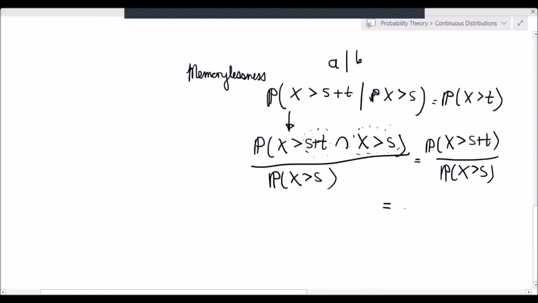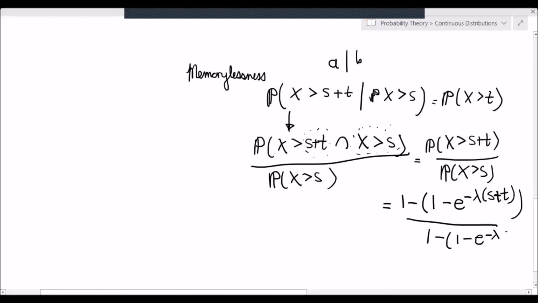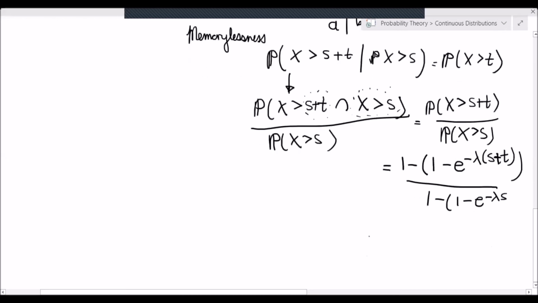So it is equal to 1 minus e to the negative lambda (s plus t), divided by 1 minus e to the negative lambda s. And you see that this resolves, if you solve this, the answer that you get is e to the negative lambda t. And this is equal to the probability that x is greater than t.